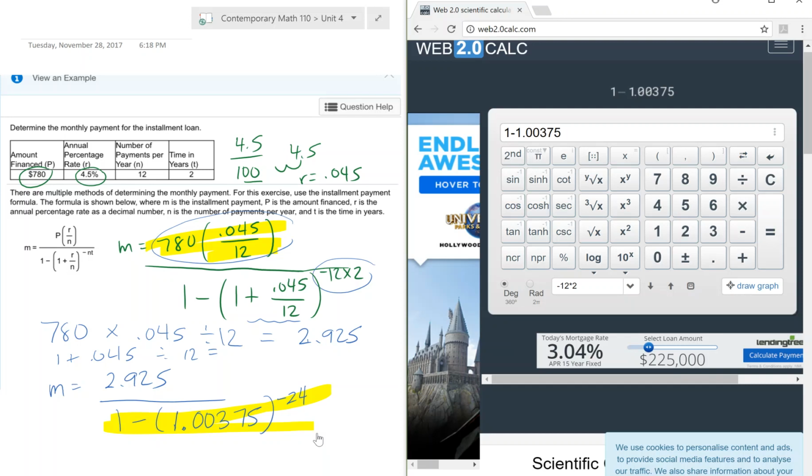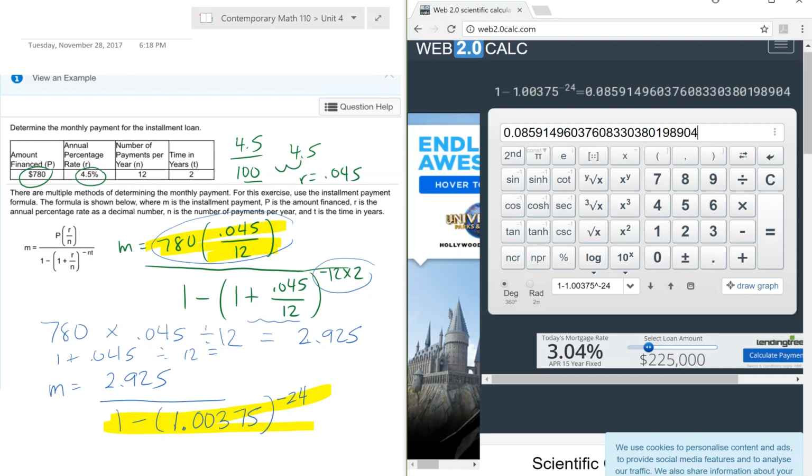The exponent key is the x to the y button, and notice it looks like this little arrow pointing up, so some calculators have that arrow pointing up instead of x to the y, to the negative 24. So I'm going to hit 24 negative, and make sure it makes it negative. Okay, so 1 minus 1.00375 to the negative 24 equals.